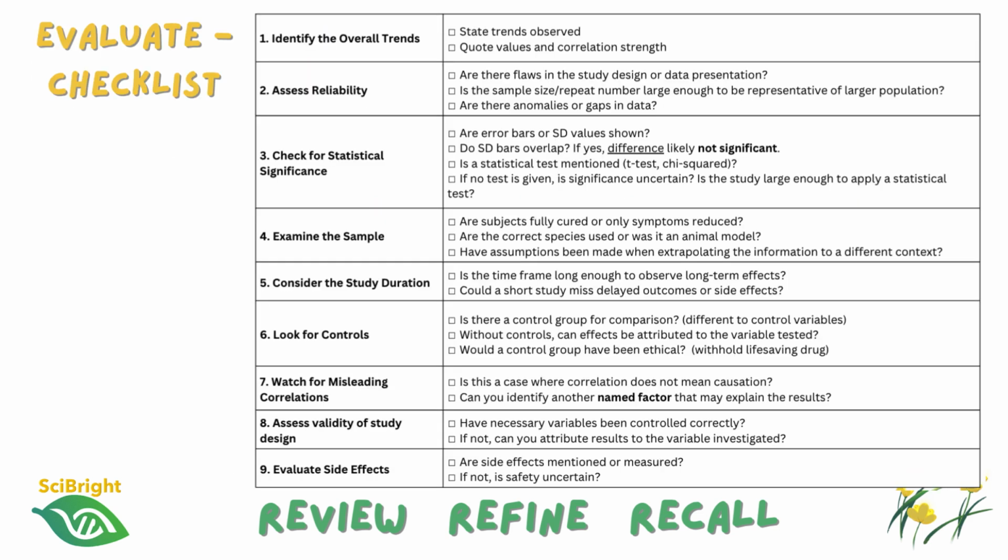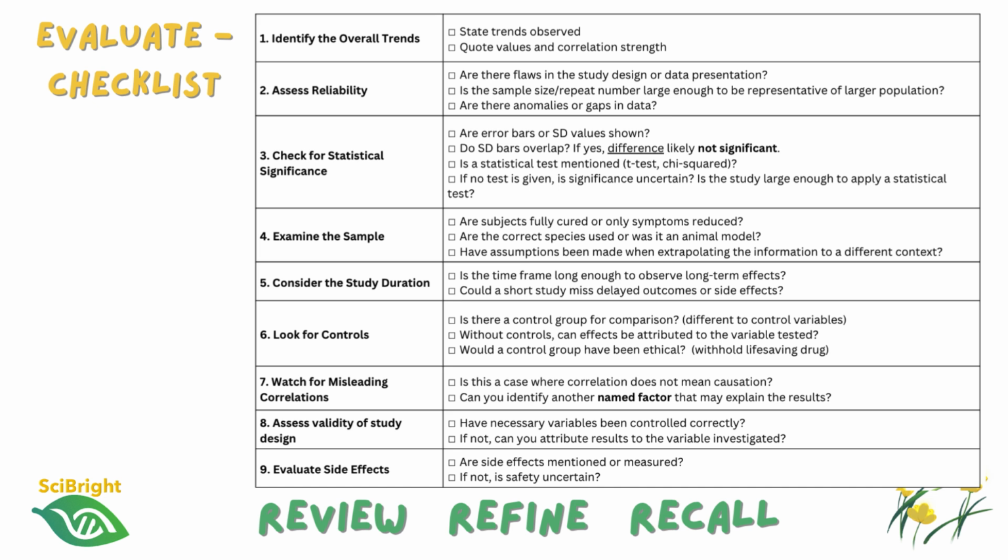Now, the key to nailing evaluate study questions is to pay careful attention to the study design and work through a checklist in your mind to build your for and against argument. There's a lot to work through, and not all information will be available for you to comment on, but the checklist largely falls into 3 parts. What evidence is there to support a conclusion? Clear trends, for example.